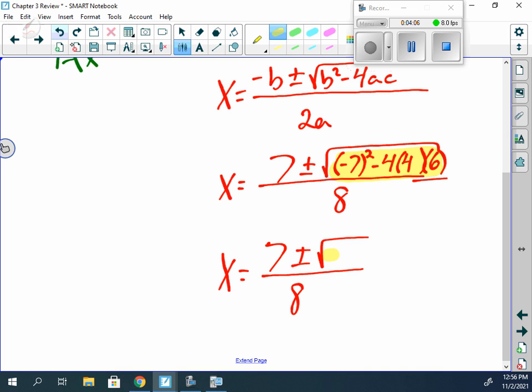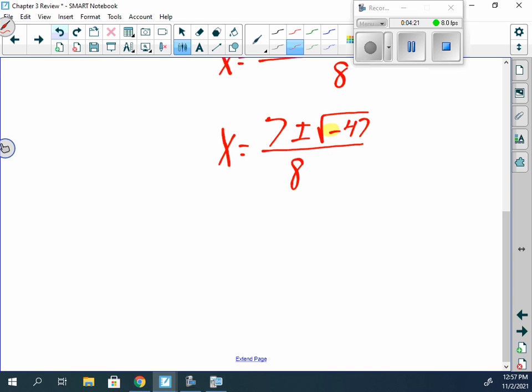And I do that about every time I write with a highlighter. Negative 47. So if we had typed this into the yellow calculator, it would have given us an error because it cannot have a negative inside the radical. But we do know that whenever there's a negative inside of a square root, it's going to come out as i.